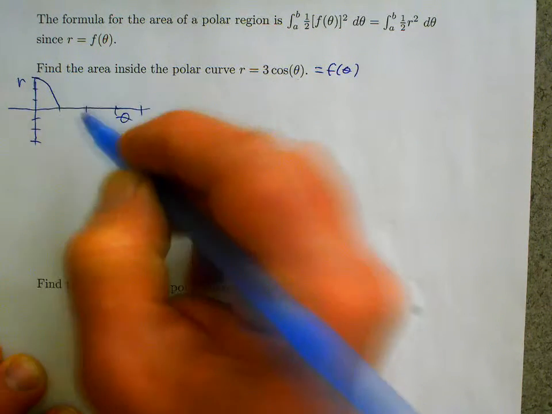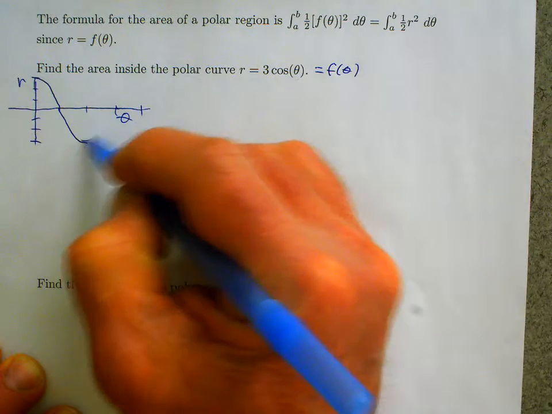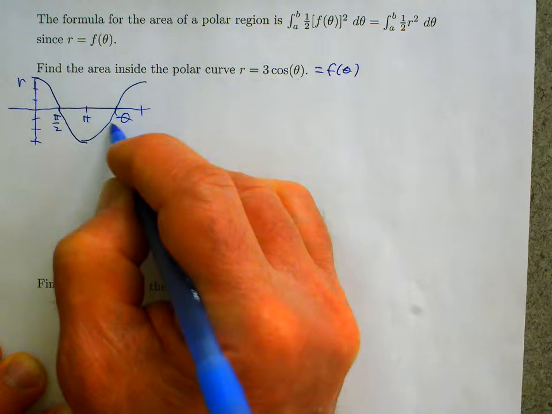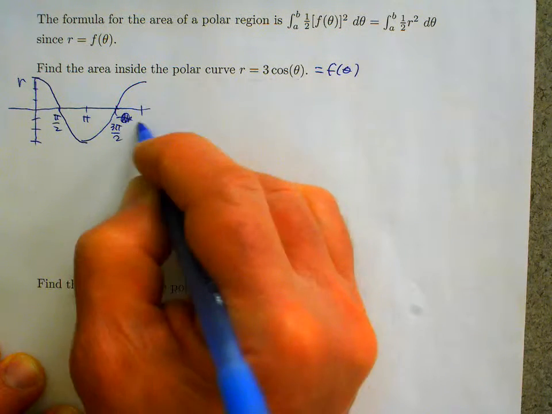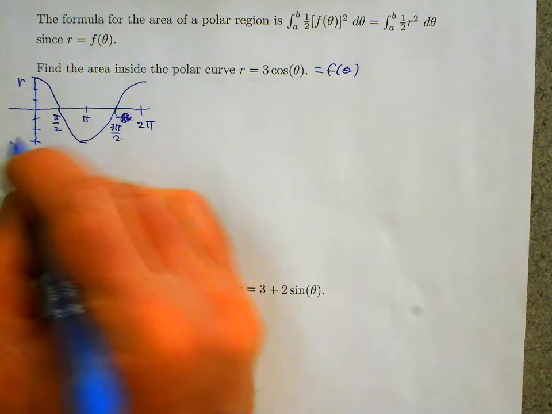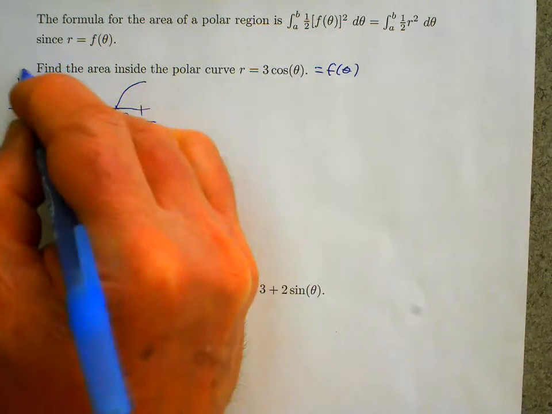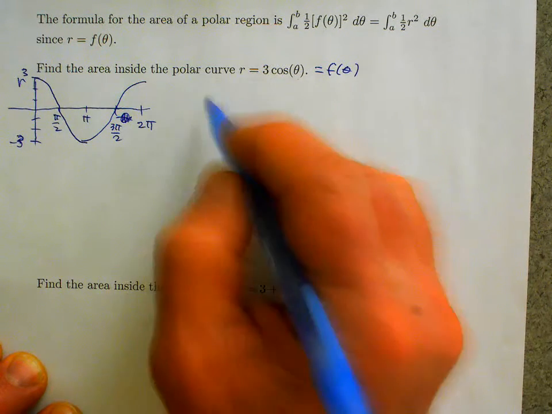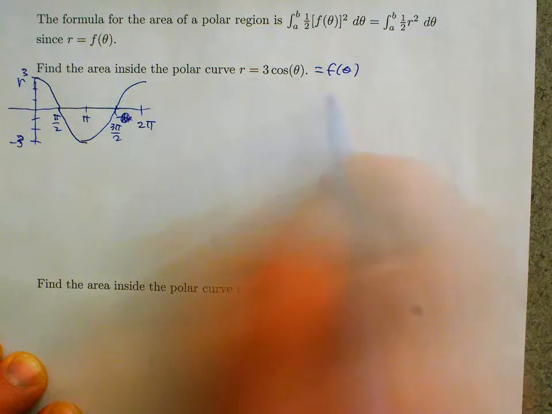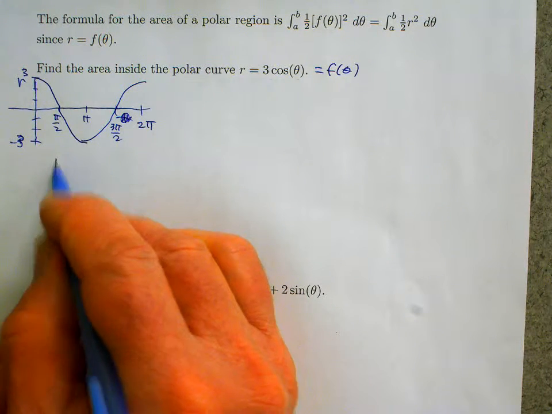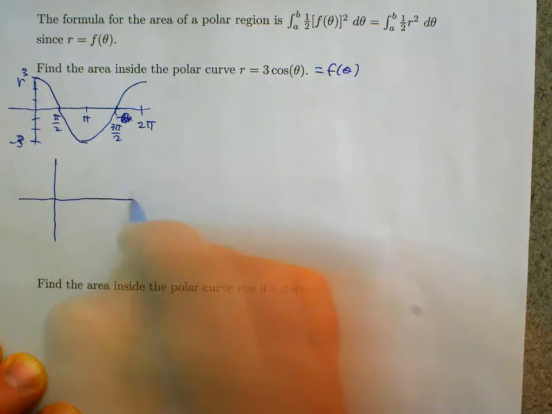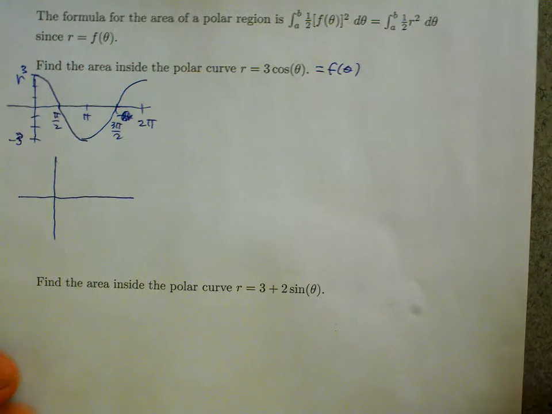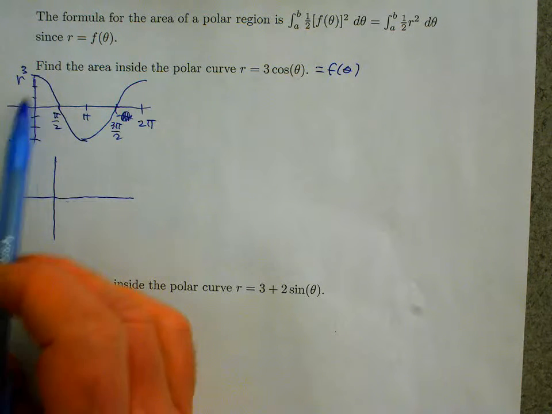So the graph looks something like this. So this is pi over 2, pi, 3 pi over 2, and 2 pi. And it ranges from -3 to +3. Okay, so when we sketch this polar curve, r equals 3 times cosine of theta, what are we going to get? Well, we do it one portion at a time.